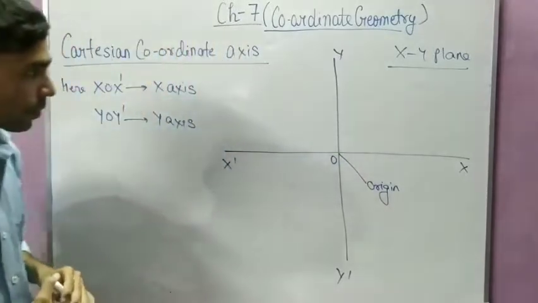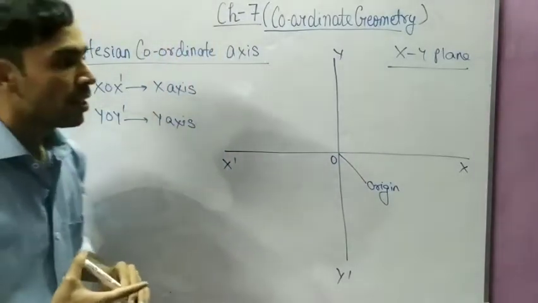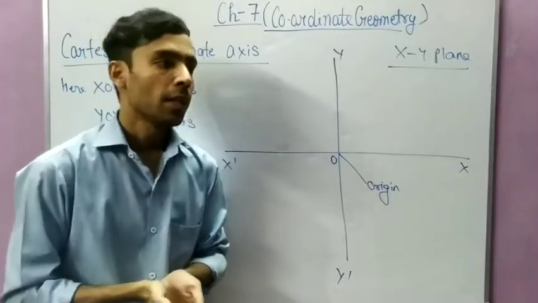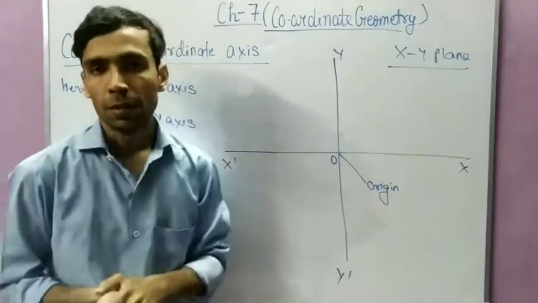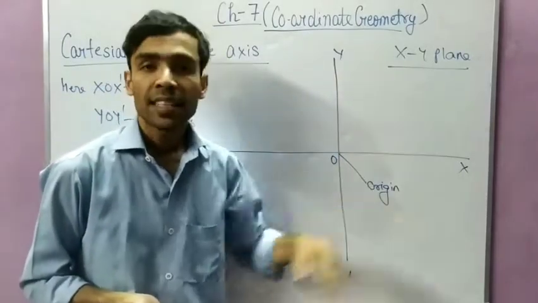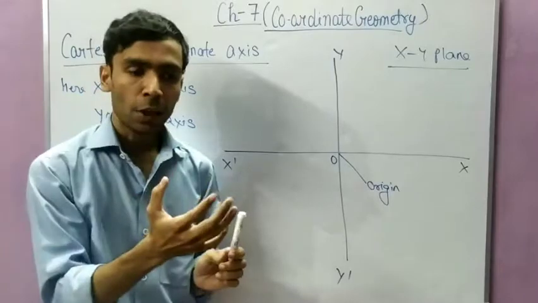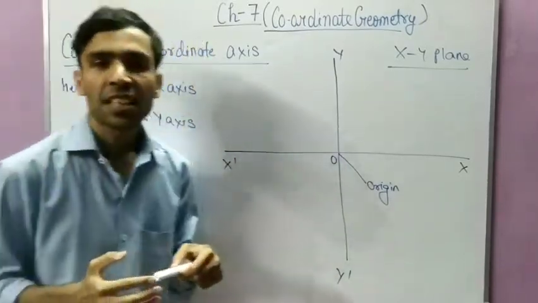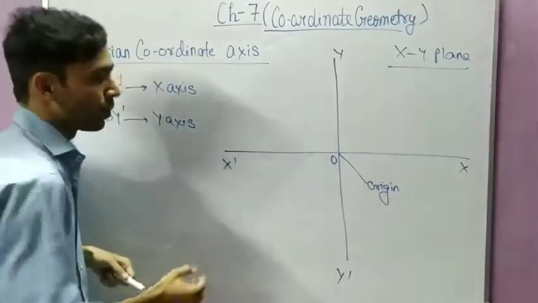Now students, suppose you have to locate any point in this xy plane. Before locating any point in the xy plane, we should understand the direction of the axes. See, this is the origin.